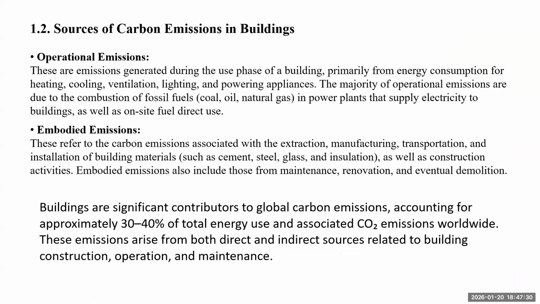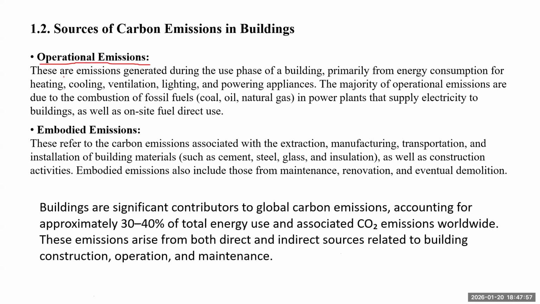And then after understanding carbon and carbon emissions, and we also know the property of carbon dioxide, and where carbon emissions come from. Then when we look at our buildings, the sources of carbon emissions in buildings mainly include the operational emissions.